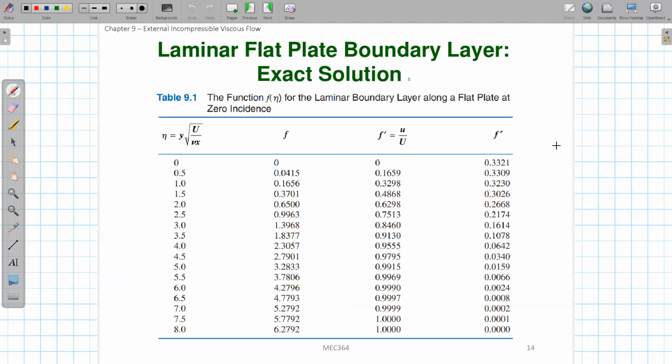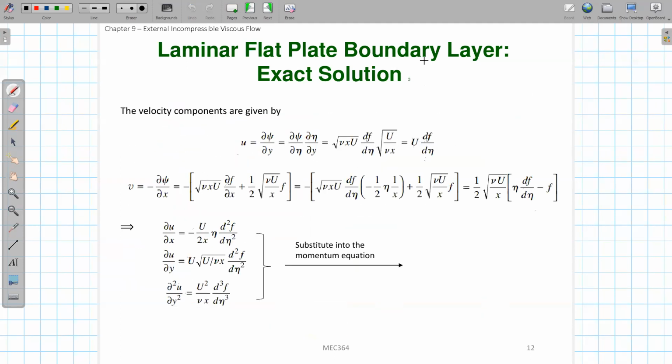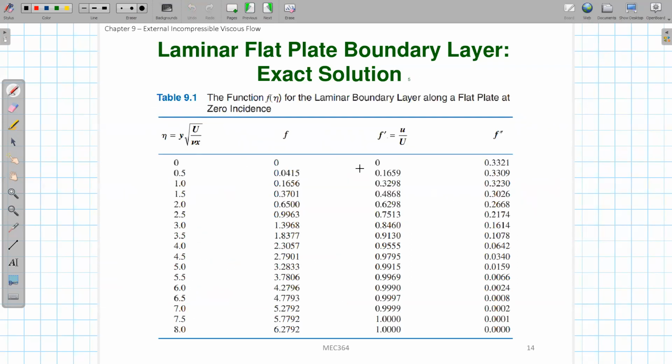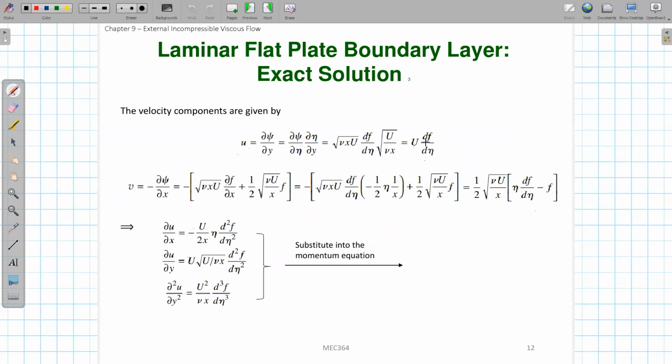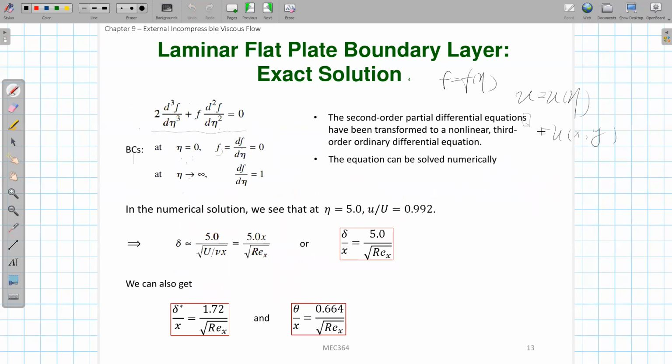So this will immediately give you the velocity profile, because we know that U over large U is F prime of eta. Just substitute this back into this equation here, and you can find U as a function of y.